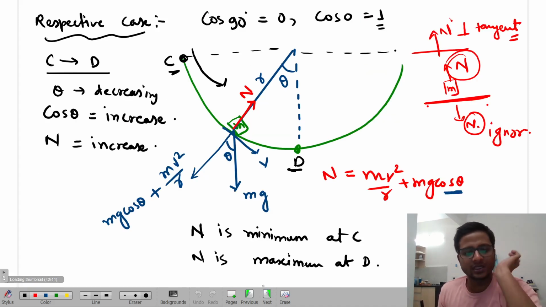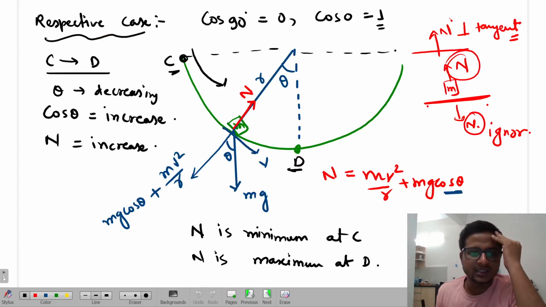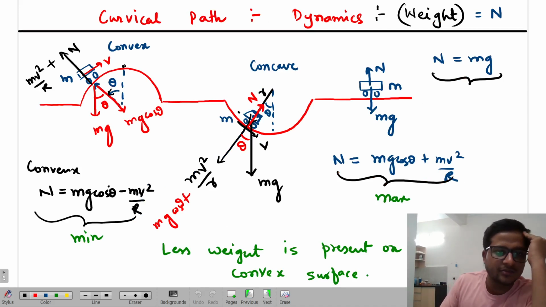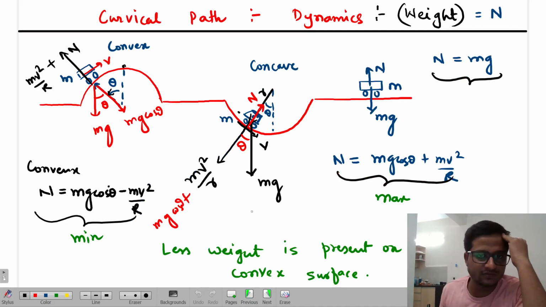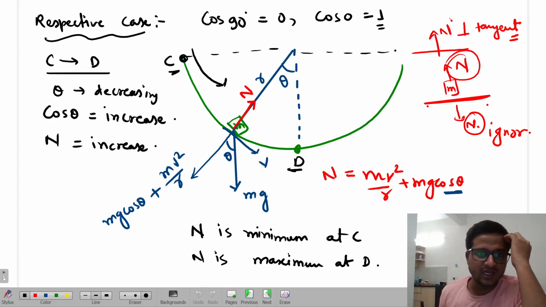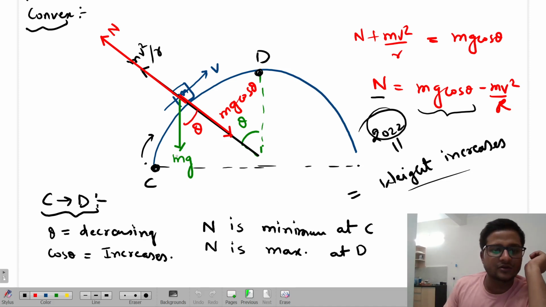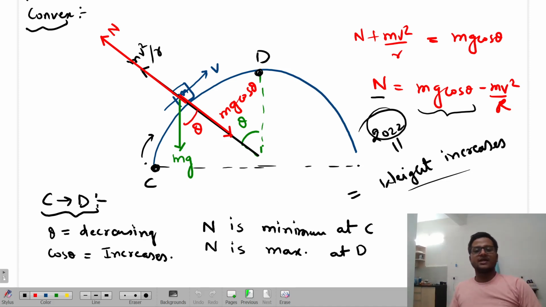So basically, what is the meaning we got? That if I just compare all these three cases, then the minimum weight is present on convex surfaces while maximum is present on concave, and straight is just a normal thing. But when I go from respective cases, what do we observe? That if I approach from C to D, weight is increasing. Here also, if I approach from C to D, weight is increasing.